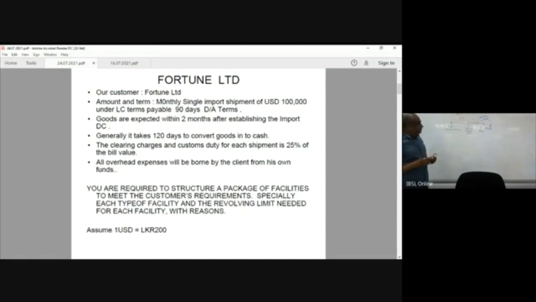Now we can go ahead and make only that. I will do only the first one, then after that you have to do. Only thing, when you are giving the answers, you have to give reasons. You are required to structure a package of facilities to meet the customer's requirements, especially each type of facility and the revolving limit needed for each facility with reasons.